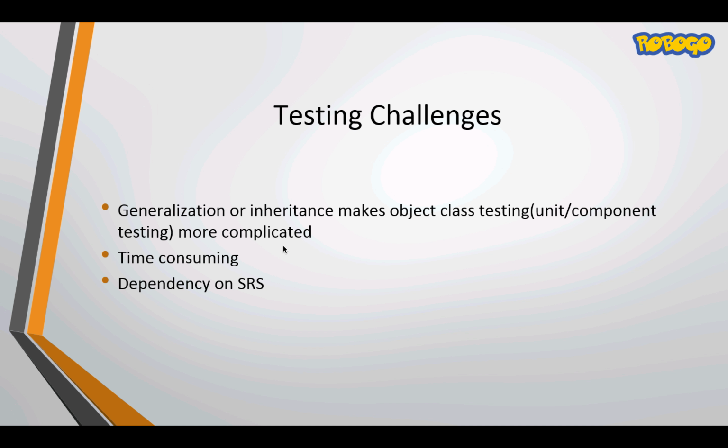Testing is also time consuming. If you do not start testing right from the word go, you might run out of time before the project ends. And also there's a dependency on the SRS, the system requirements specification. If the SRS is not specific or is ambiguous, it's hard to come up with test cases.